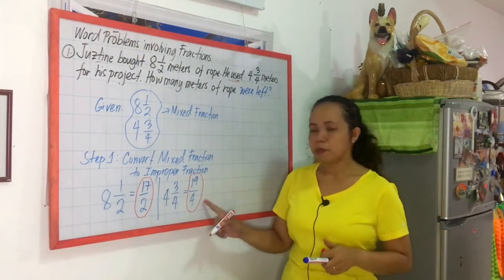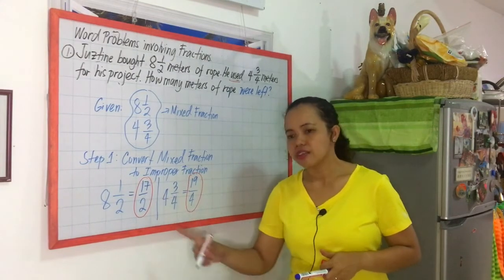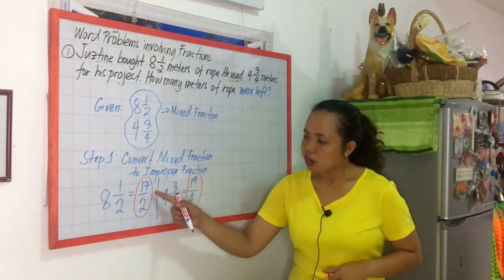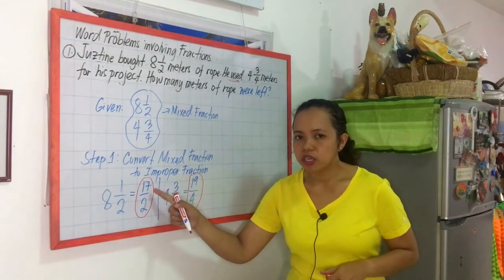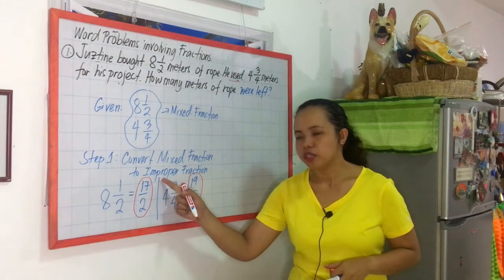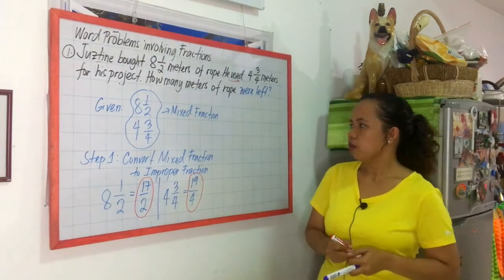You call this one improper fraction kasi nga, mas malaki yung number sa taas kaysa sa baba. In other words, the numerator is greater than the denominator. If that is the case, you call that improper fraction. Now, we can subtract.